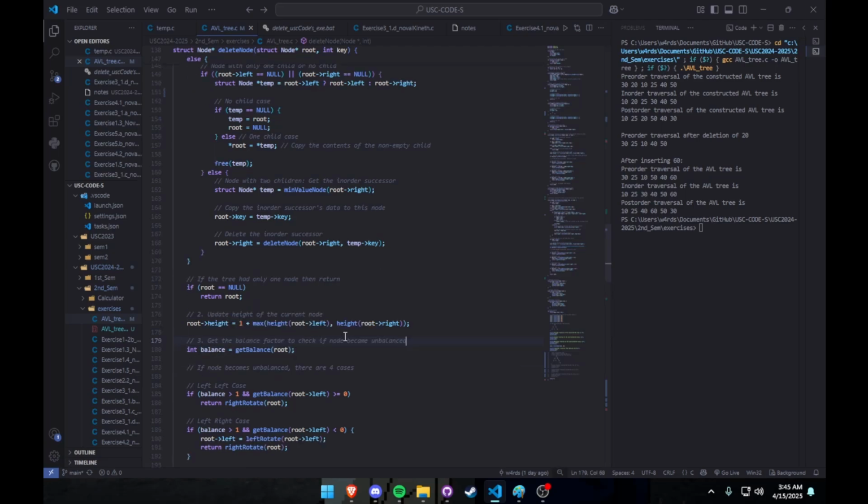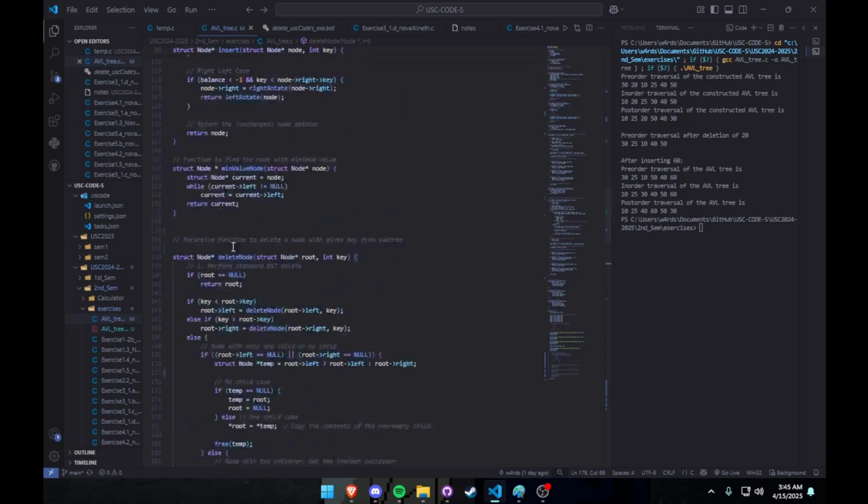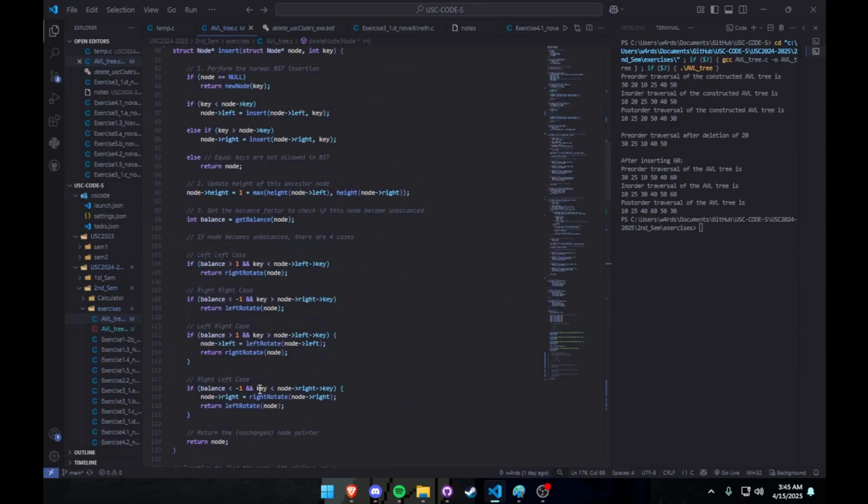At this point, because you erased it, it might have gotten skewed to the left or towards the right because you got rid of the root. You need to check and do the rotations: left left case, left right case, right right case, right left case. So the same thing as what we did in insertion over here.